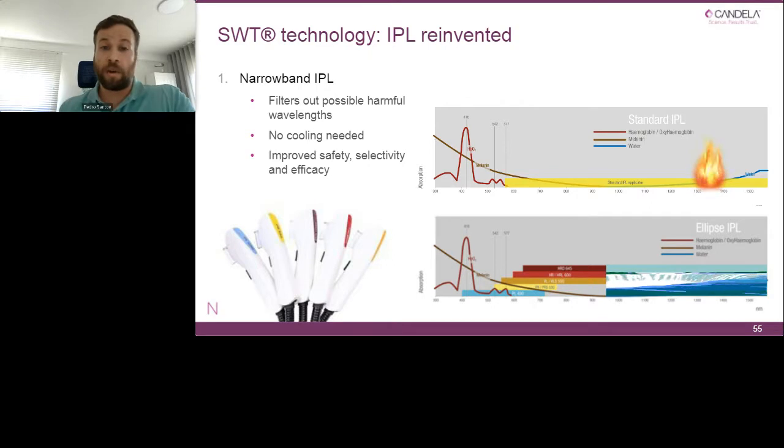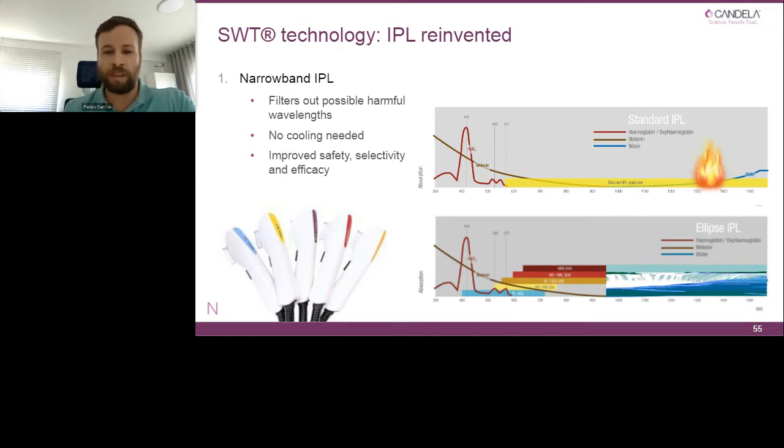We know that the IPL is a non-coherent light source, so more than a wavelength, we have a band of wavelengths. On the Nordlys system, the SWT technology filters out possible harmful wavelengths, the near infrared and infrared part of the spectrum, which basically sits on the water curve. This means that all of our energy will be delivered to our main chromophores, namely melanin and hemoglobin.